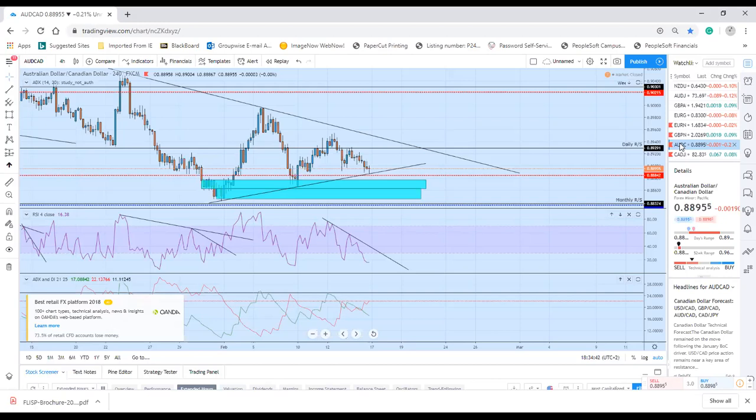When I'm looking at OutCAD now, I've done all the populating of the pair. I've drawn everything that I needed to draw. Now, what is it telling me? It's on my lower trend line on the 4 hour. It's also close to my demand zone.